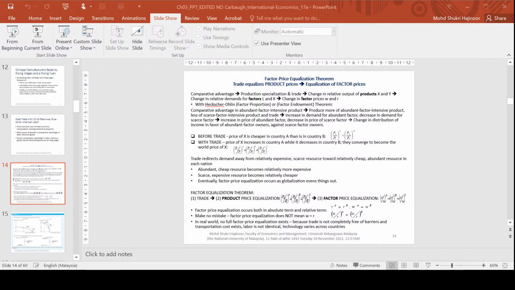Next is the specific factor. Now, what happens if one of the factors is specific to that particular industry only? For example, capital for the production of cars or computers cannot, in the short term, be used for producing wheat or rice, because that capital is only for cars and computers.